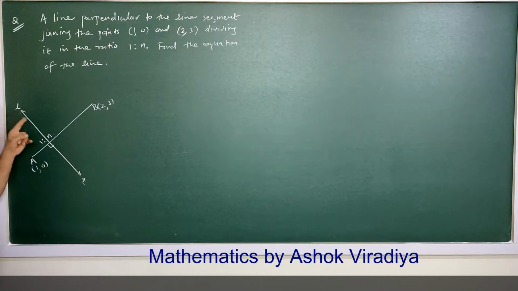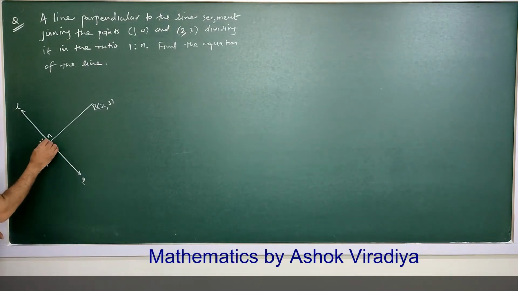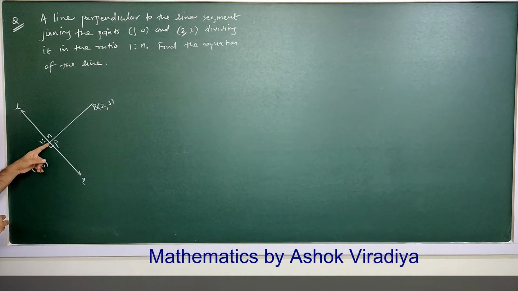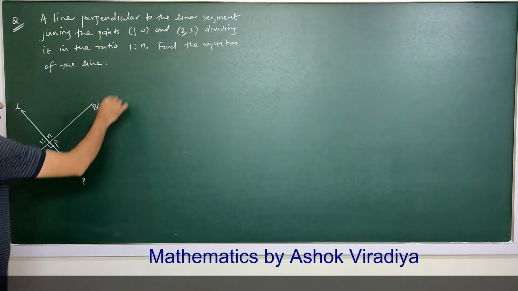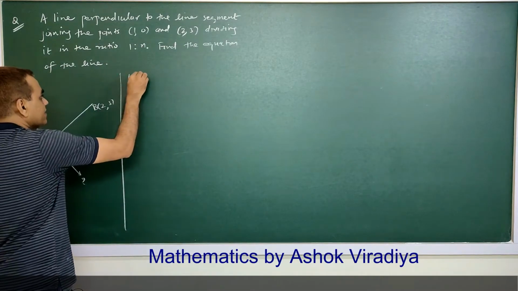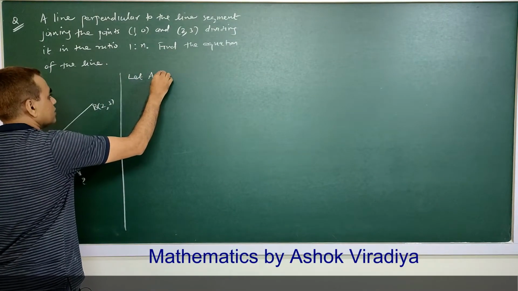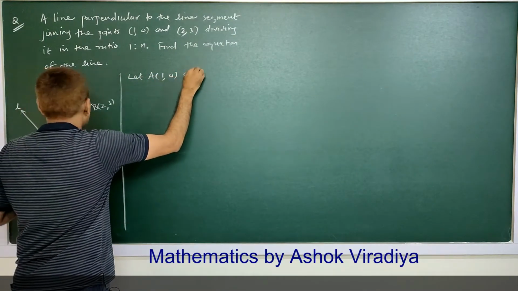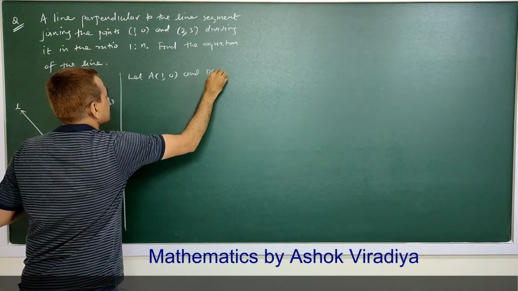See, a point on this line can be found by the section formula, because here the point of division is given and the ratio of division is given. So first of all, we calculate the coordinates of point P. We take A as (1, 0) and B as (2, 3).